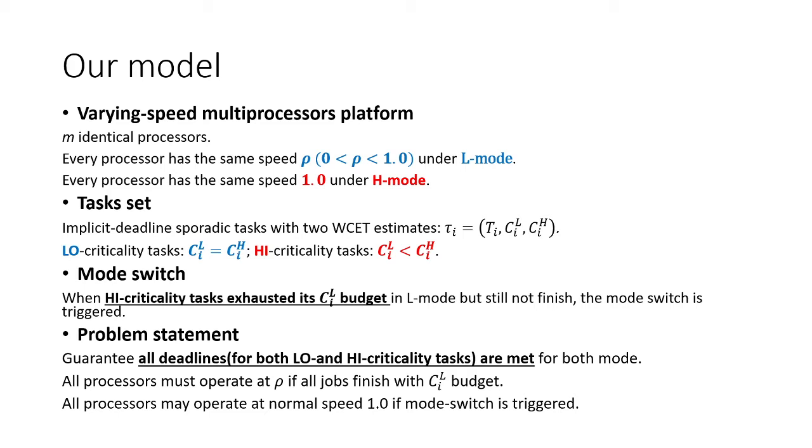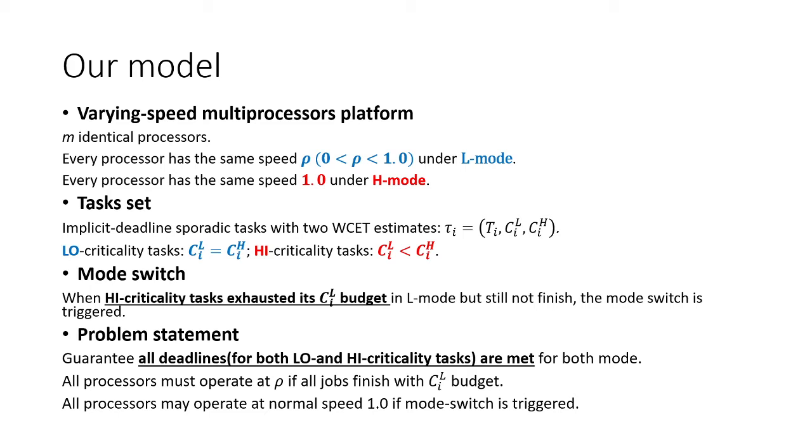Additionally, the difference between the two budgets of high criticality tasks, CI high and CI low, is compensated by improved speed when the mode switch is triggered. When a job of a high criticality task exhausts its CI high budget but is still not completed, that is considered erroneous and would be terminated.